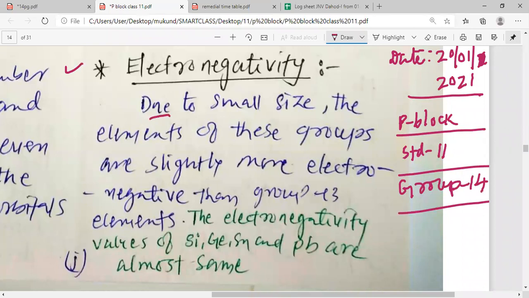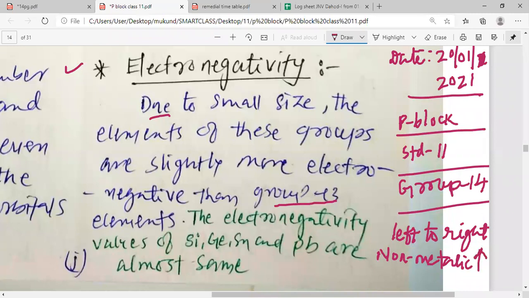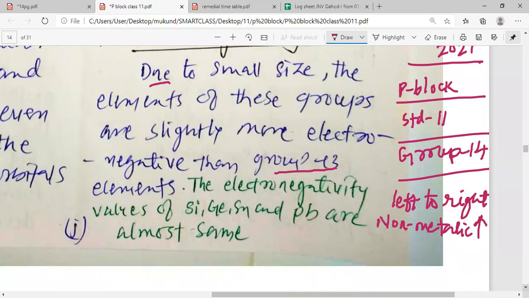Due to small size, the elements of this group are slightly more electronegative than group 13. We know that as we go left to right, non-metallic character increases, and as non-metallic character increases, my dear students, electronegativity also increases.